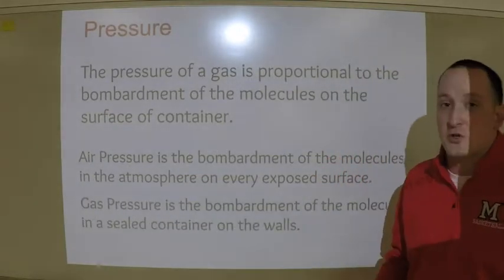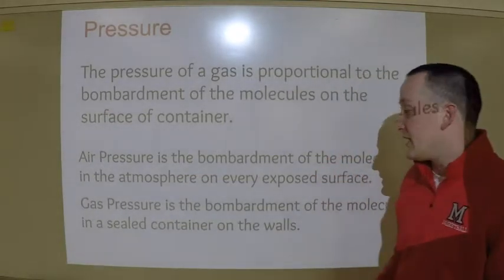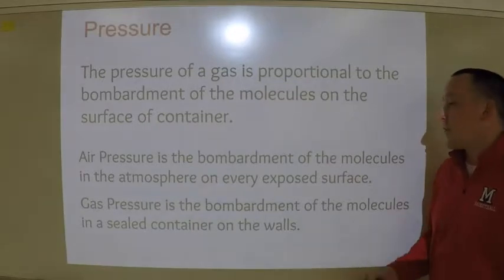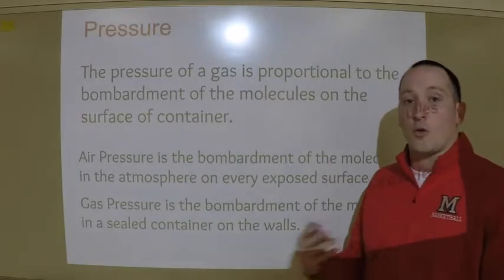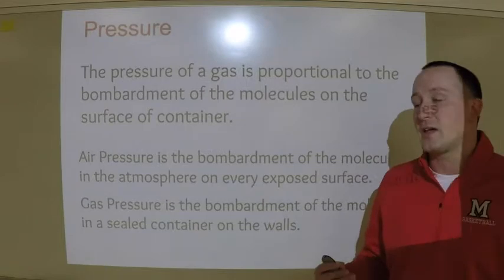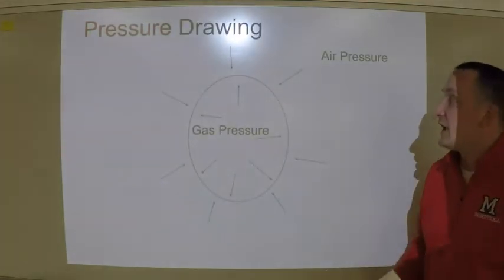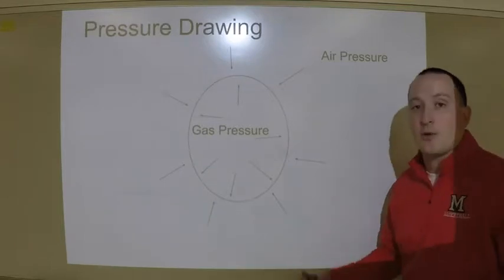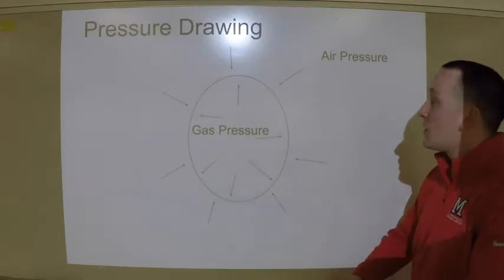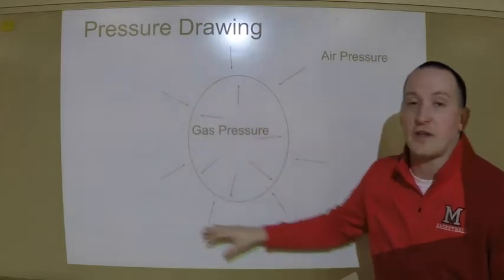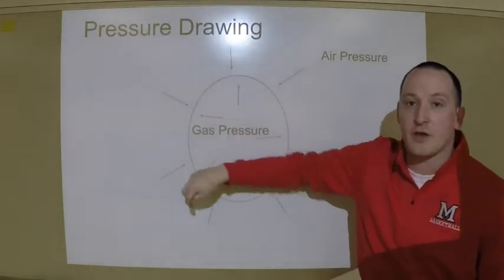The other type of pressure we're going to talk about is gas pressure. Gas pressure is the bombardment of the molecules in a sealed container on the walls. So it's kind of like the pressure from the inside pushing out. So here's kind of an example of gas pressure and air pressure. Air pressure is particles on the outside of the container hitting on the outside.